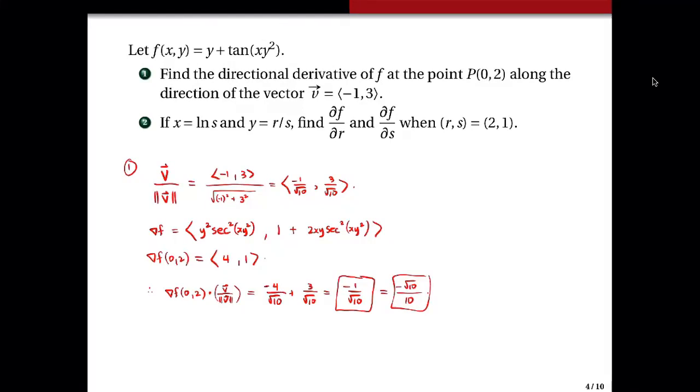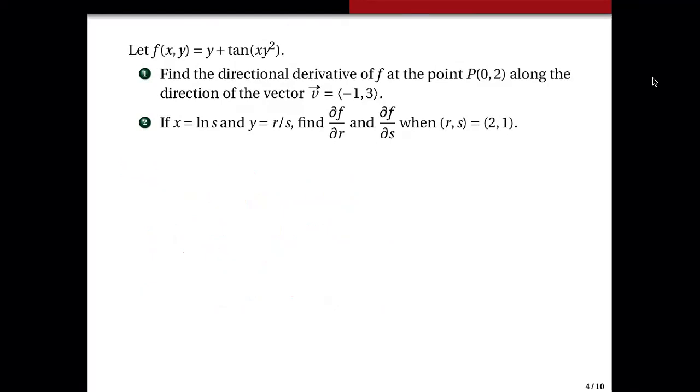For the second part of this problem, we want partial f with respect to r. For this, our function here is f of x comma y. Our x is just in terms of s. Our y is in terms of r and s.